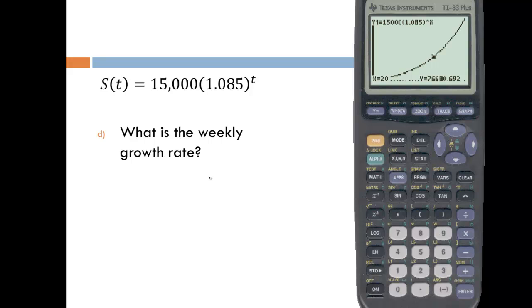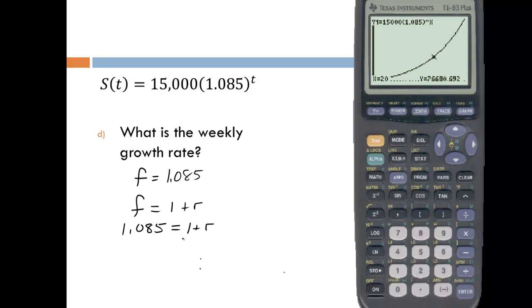What is the weekly growth rate? Well, we know that the factor is 1.085. And we have a relationship between a growth rate and a growth factor where the factor is equal to 1 plus the rate. So in this case, if our factor is 1.085, that's equal to 1 plus whatever the rate is.